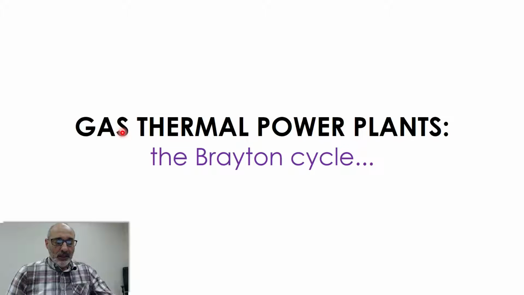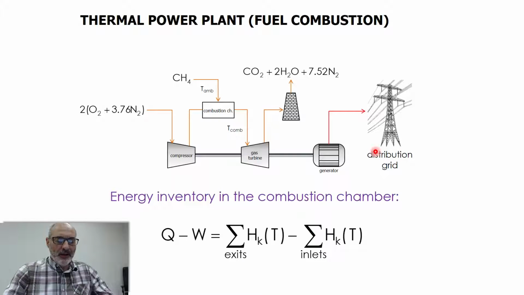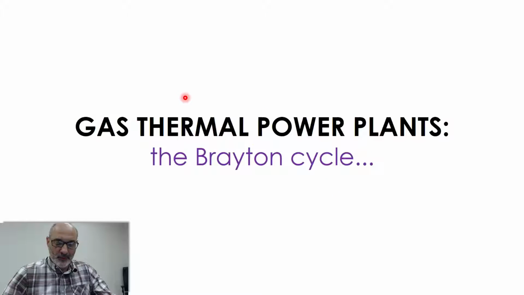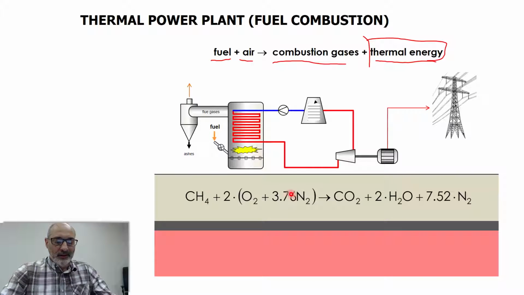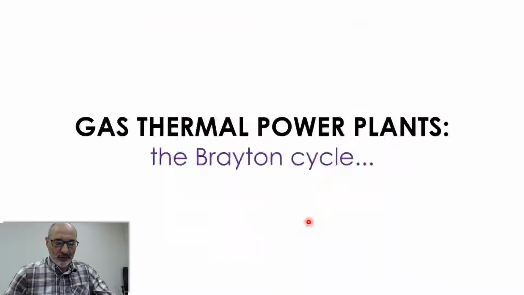Okay, so let's see the Brayton cycle, which is a cycle associated with gas thermal power plants. I think I've shown this picture before to you. This is the reaction. Going back 2 slides, let's see how this reaction is actually used in order to generate electricity.